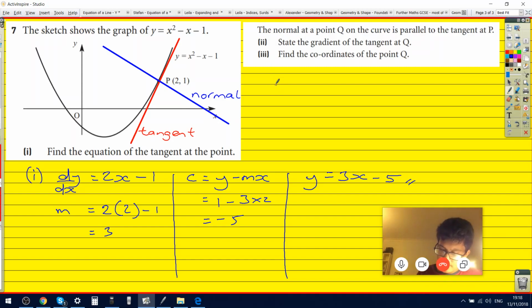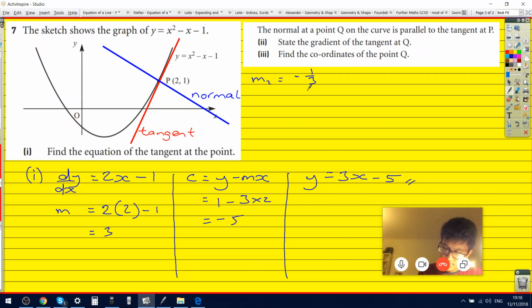Okay, so the gradient. What would be the gradient of the normal? Minus a third x. Minus a third? Yeah. It won't be minus 5. You would have to find the c again for this one.